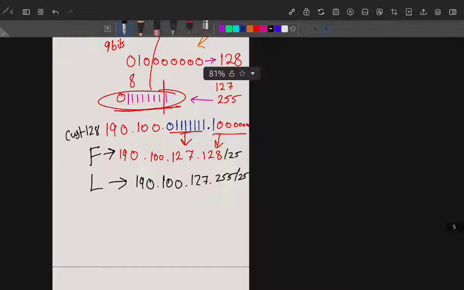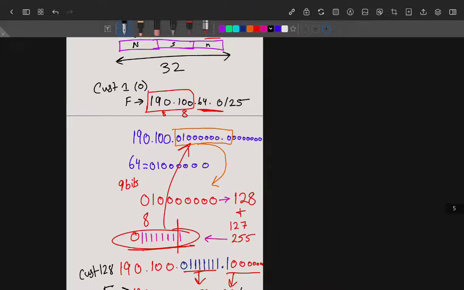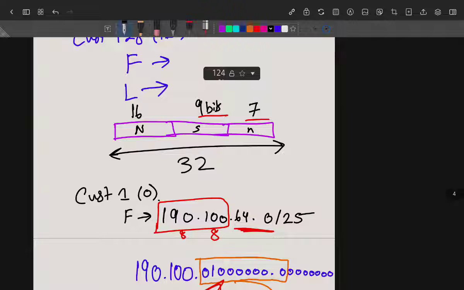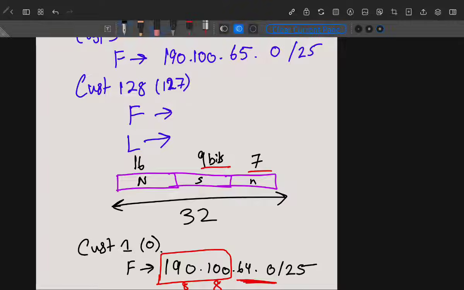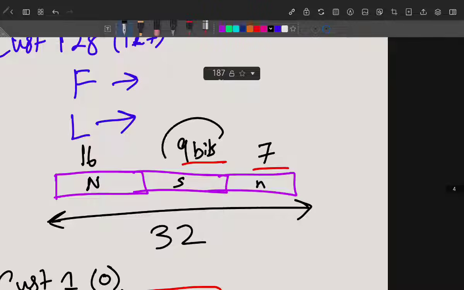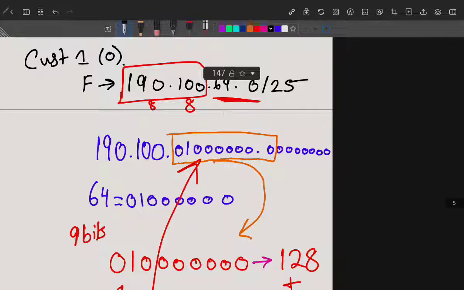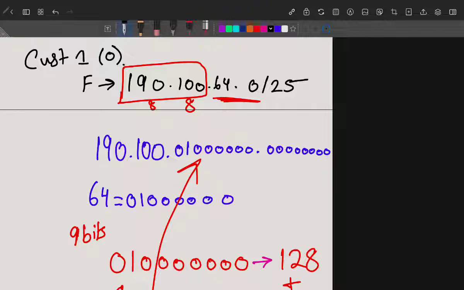Now this was group 2. Let's summarize quickly. Many people do lose track at this step, but it is simple. You identify the network bits. Because you want to jump to the 128 subnet, you need to identify and manipulate the subnet bits.